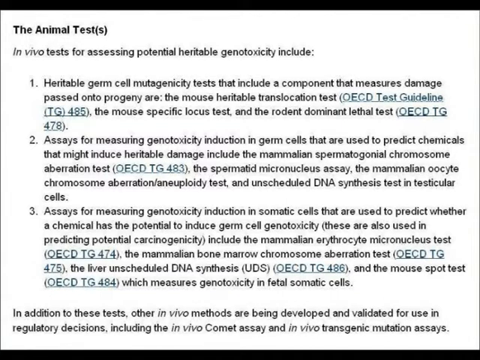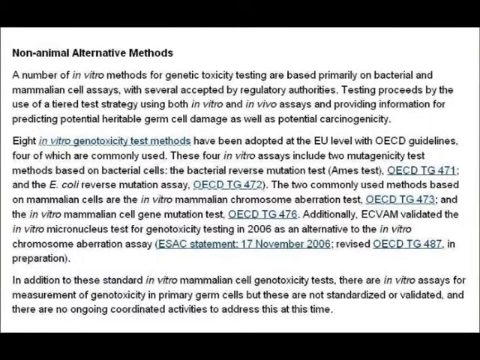The last sentence of this slide reads, in addition to these tests, other in vivo methods are being developed and validated for use in regulatory decisions, including the in vivo COMET assay and the in vivo transgenic mutation assays. This slide deals with non-animal alternative methods.